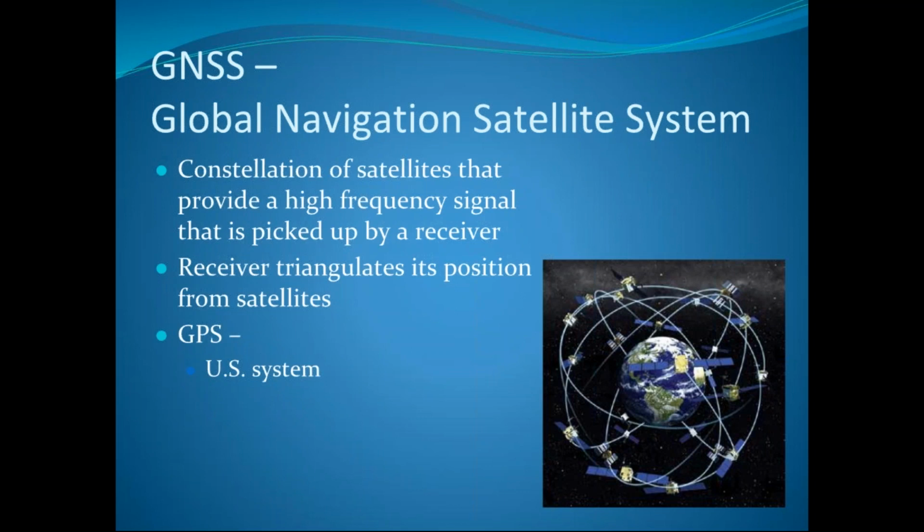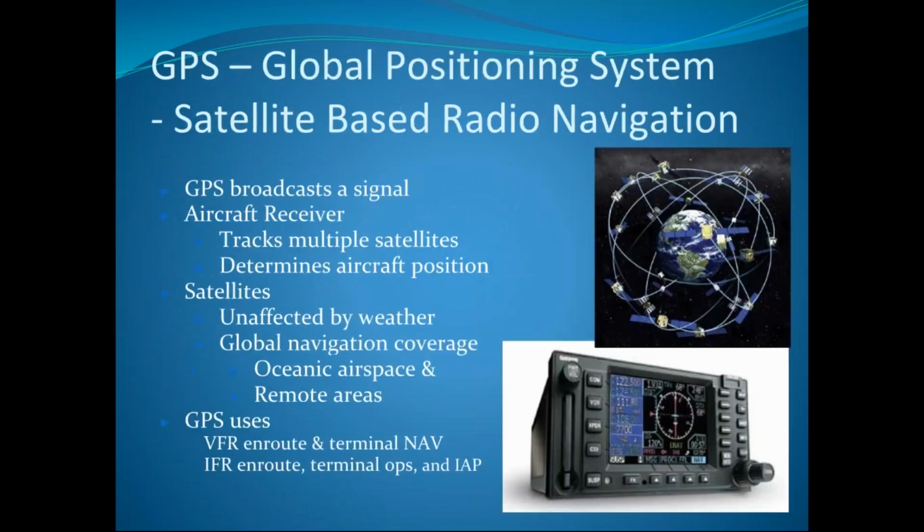The receiver triangulates its position from the satellites and then uses GPS, the US system, to determine your location relative to the triangulation. So the GNSS system is used to triangulate your exact position over an area.